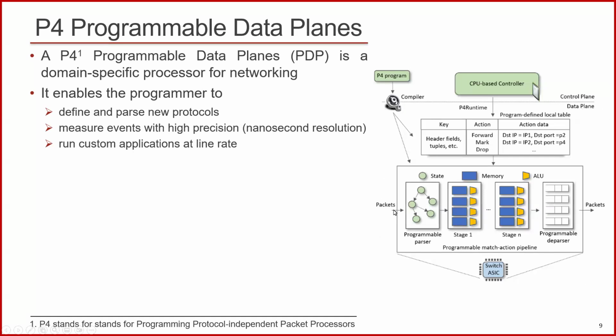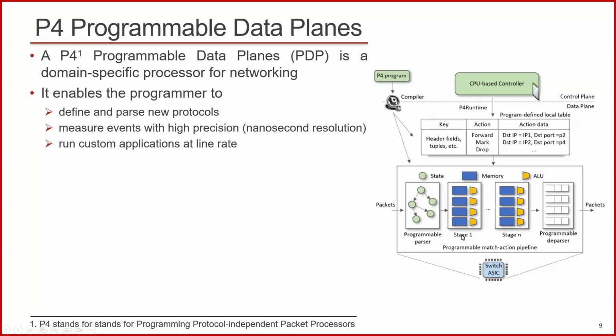It has a parser component, and in this component you can define custom protocols, so you can process custom headers depending on the application you are implementing. Then you have the match action pipeline.